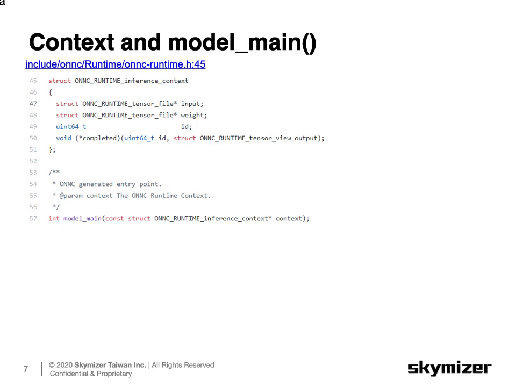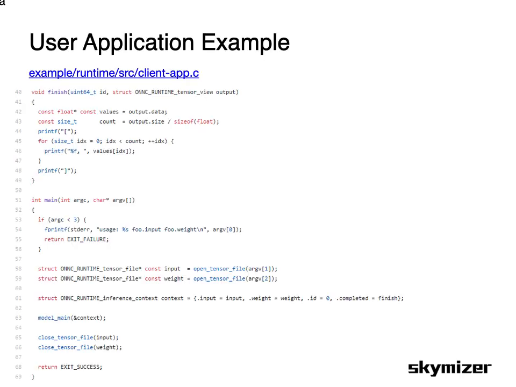If there are more, ModelMain will only use the first tensor and ignore the others. The context ID is used to identify each ModelMain function call. After the end of each ModelMain call, ModelMain would invoke its completed callback function with its own context ID and the output tensor as arguments. Currently, ModelMain always returns 0.